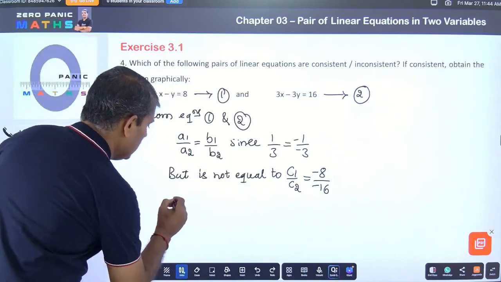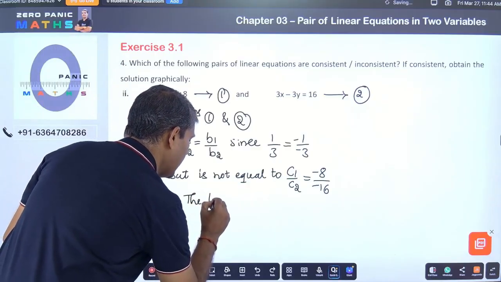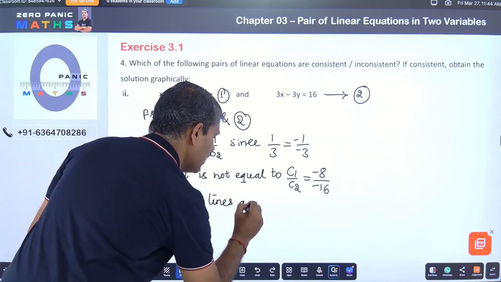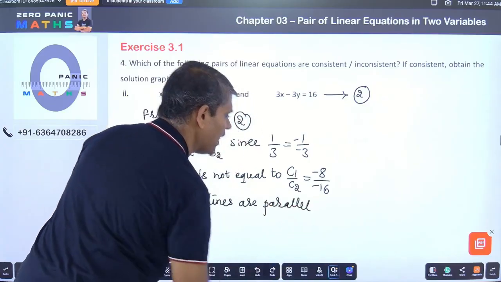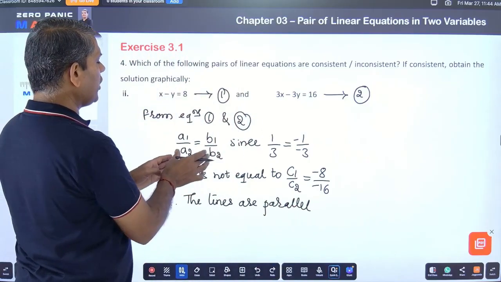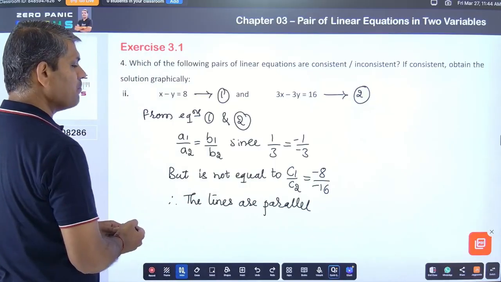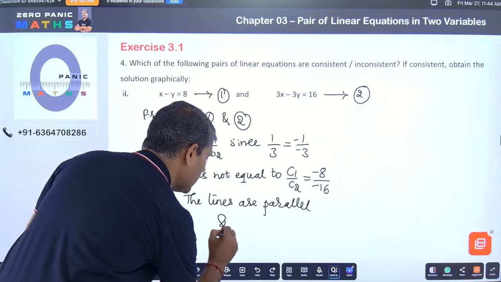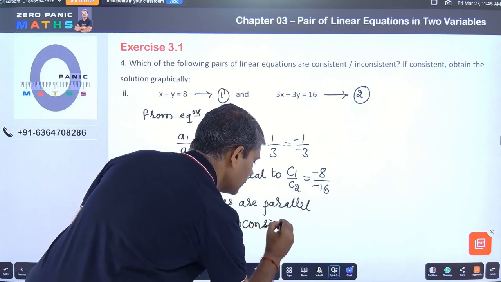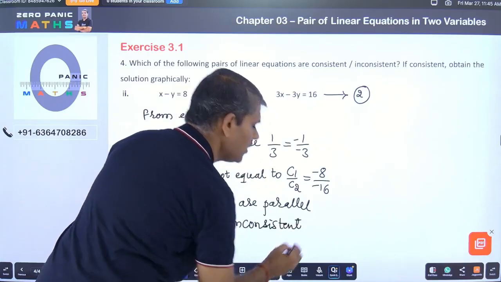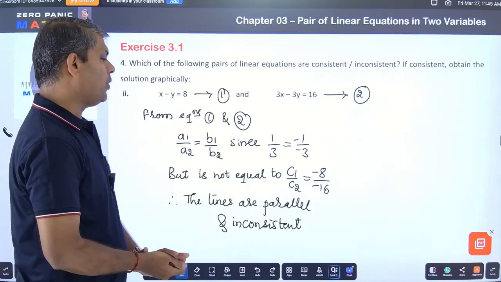So I can say the lines are parallel. You know this condition: if the first two ratios are equal and they are not equal to c1 by c2, then the lines are parallel, and if the lines are parallel, they are inconsistent, right? If the lines are inconsistent, they don't have a solution. We don't have to plot the graph.